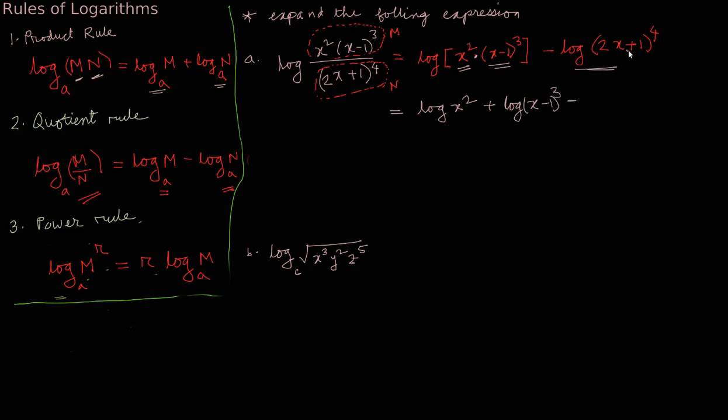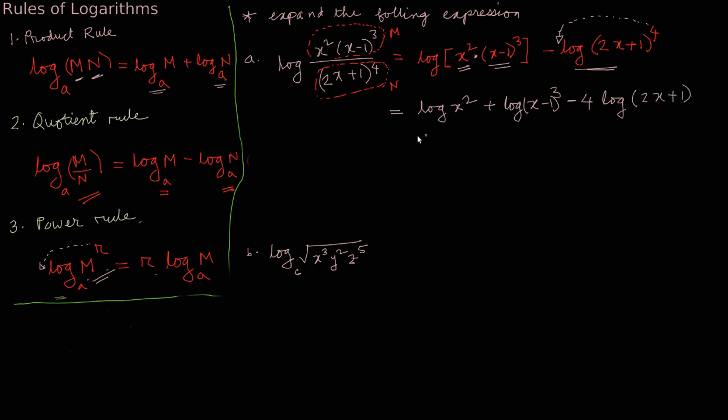Then look here, for the power rule, if I have m power r, the r comes at the front of my logarithm. I have a power 4, so that power 4 is going to come before my logarithm. So I am going to have 4 logarithm of (2x plus 1).